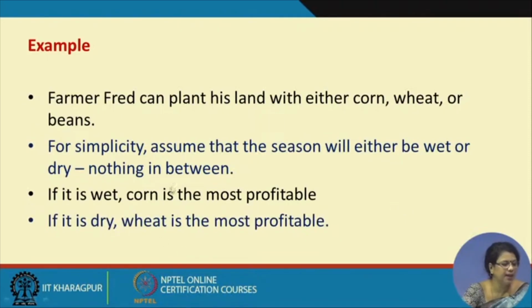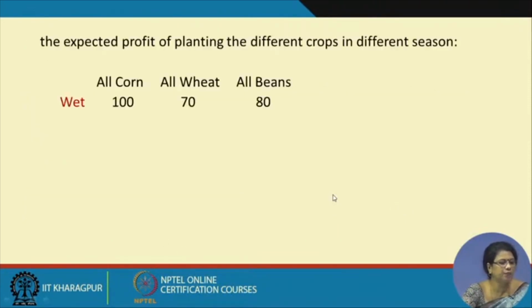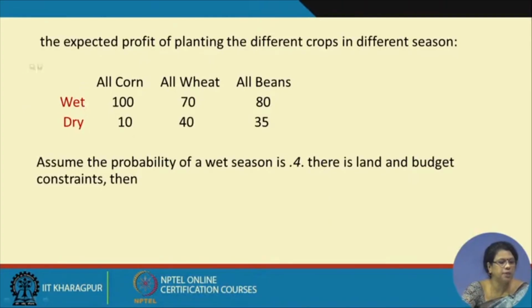This is one example: the expected profit figures for corn, wheat and beans in wet and dry weather. The productions are different, the expected profits are different, and the production of corn, wheat and beans differs between wet and dry weather, because for every agricultural product we depend on the season. There is also a probability of a wet season.